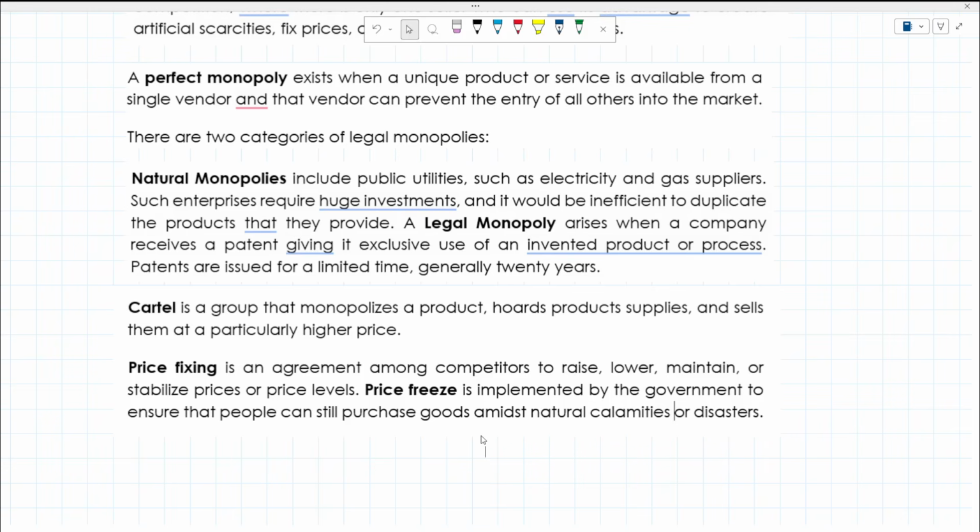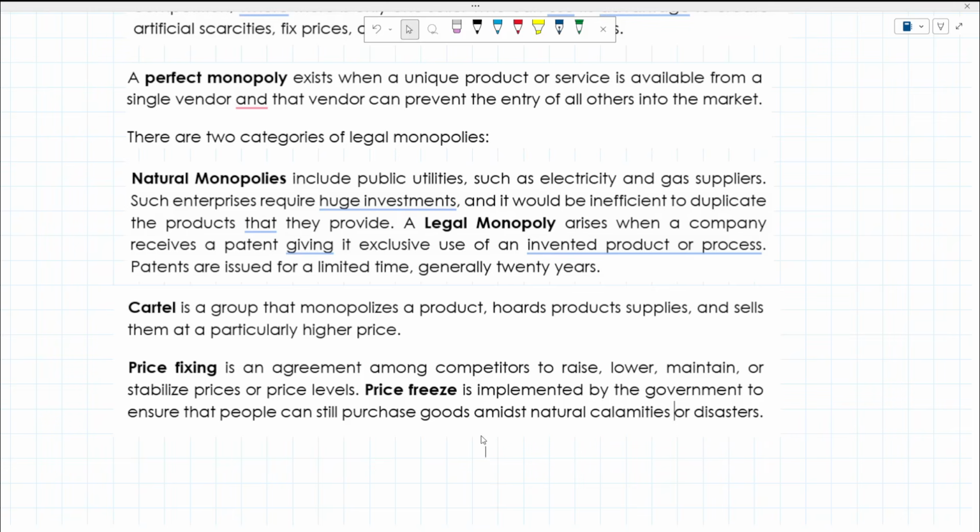Now, price fixing is an agreement among competitors to raise, lower, maintain, or stabilize prices or price level. Price freeze is a mechanism by the government to ensure that people can still purchase goods amidst natural calamities or disasters. I think you have heard this once or twice in the pandemic, when a price freeze was implemented to necessities, like meat, rice, also alcohol that time.